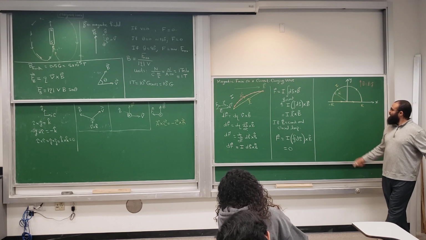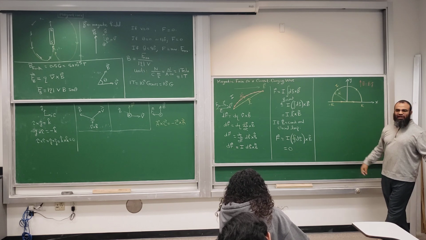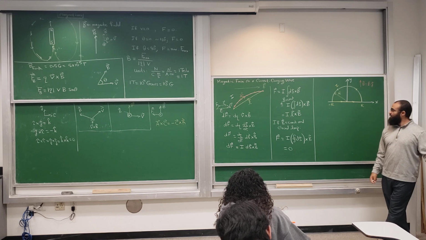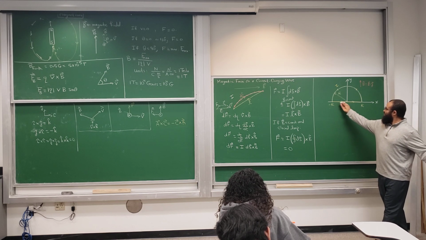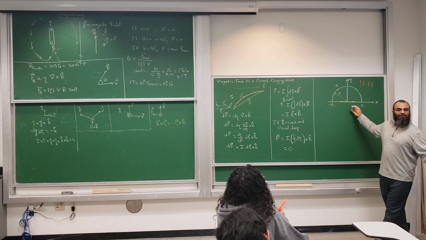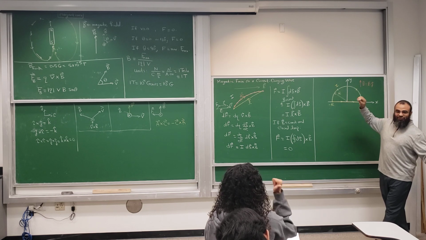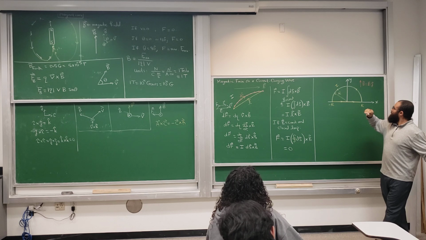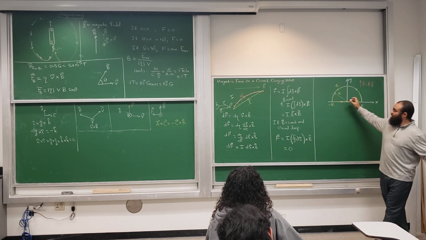Let me ask you, on the straight segment, in what direction is the magnetic force? I hat? The current points in the I hat direction in this one, but the force is not I hat. That way? Towards you? Yes, it would be towards you, good.